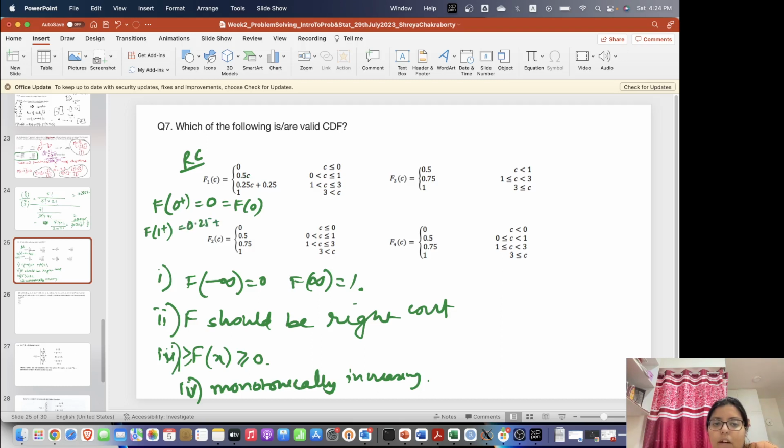So 0.25 plus 0.25 equals 0.5, which is equal to F1. At 3, F3 plus equals 1, and F3 is 3 into 0.25 plus 0.25, which is 0.75 plus 0.25, that is also equal to 1. So F1 is a valid CDF.